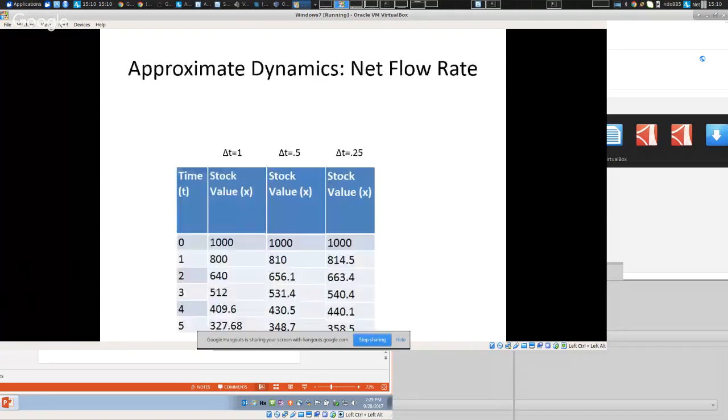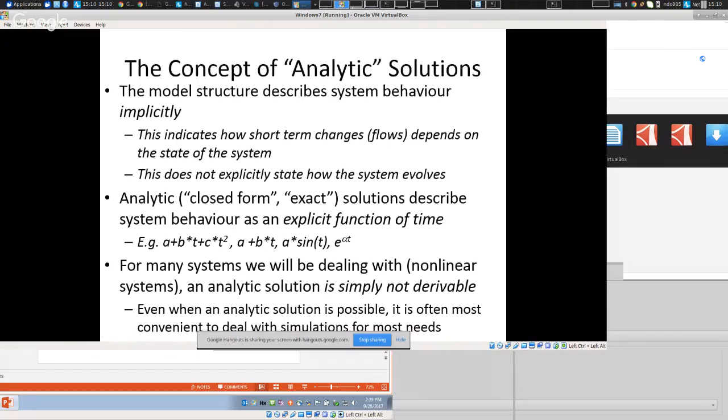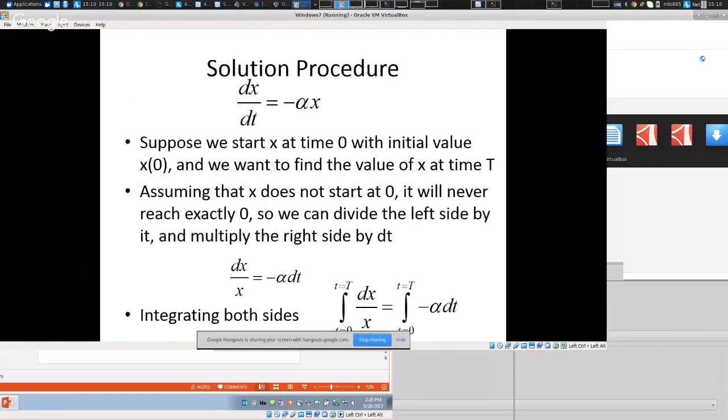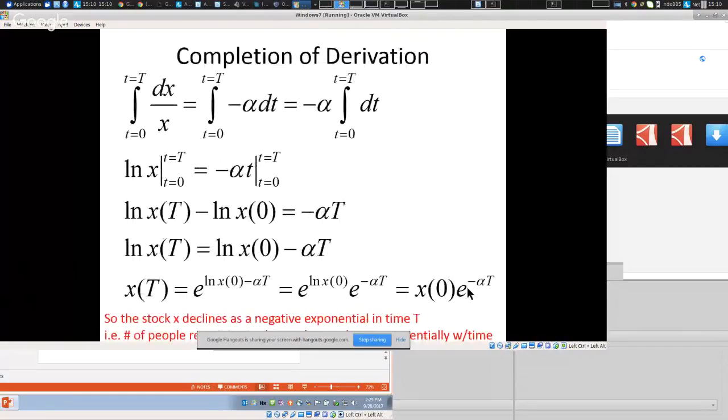If you go solve that by the principles of calculus, what you discover is that this will decrease according to this formula, the initial value times e to the minus alpha t, which we saw before. So however much was in that stock at time 0, what will be left after time capital T? E to the minus alpha t will be remaining after that time.